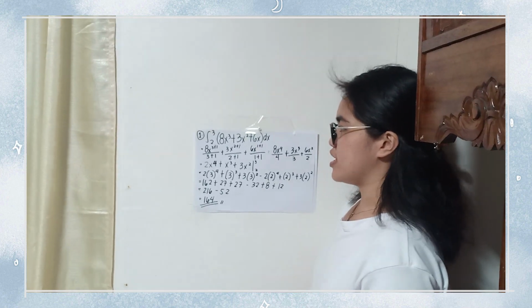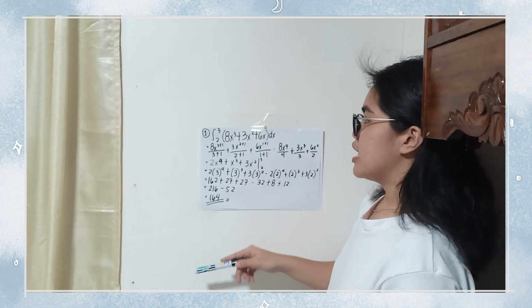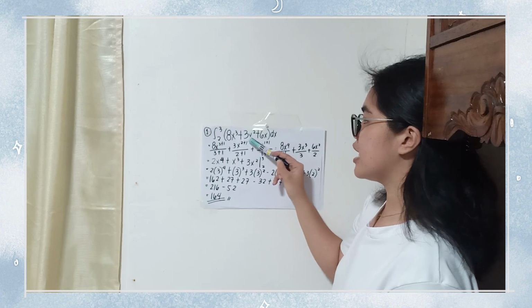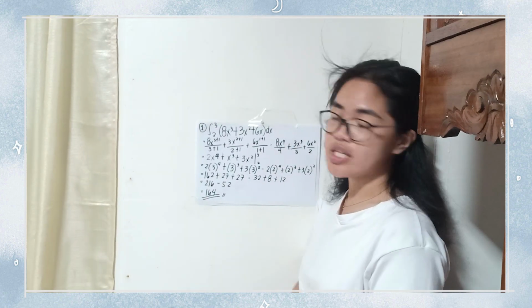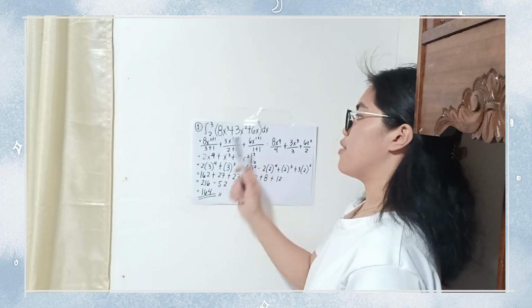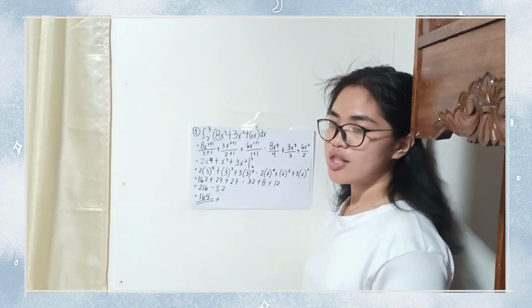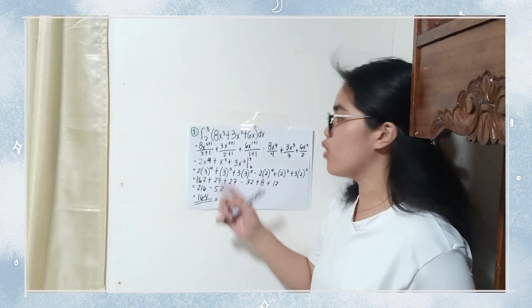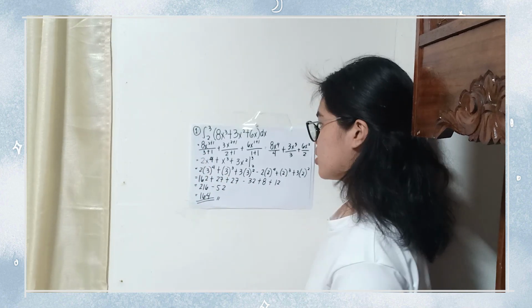Example number 1 is the integral from 2 to 3 of 8x cubed plus 3x squared plus 6x dx. So first, we need to integrate this one. We're going to use the rule for exponents: we add 1 to the exponent and divide by the new exponent.